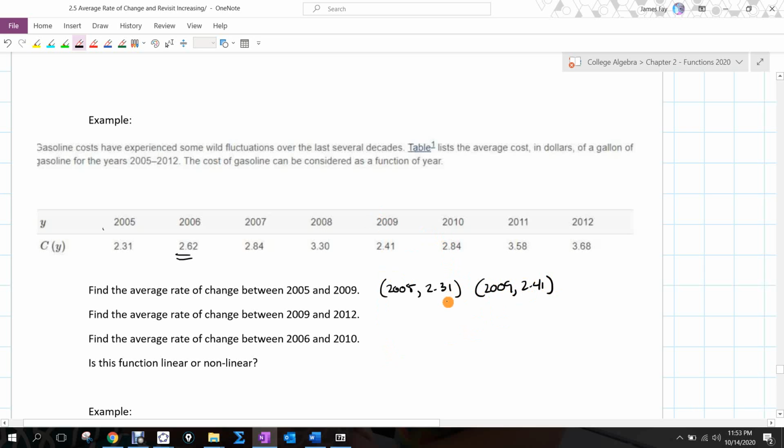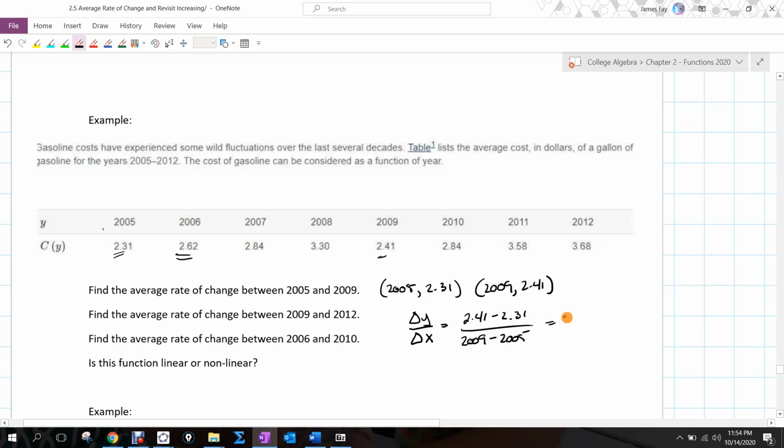If I want the average rate of change, remember it's change in y over change in x. I'm going from 05 to 09, and I'm seeing that we had an increase. So I'm going to go 2.41 minus 2.31, and then divide that by 2009 minus 2005.